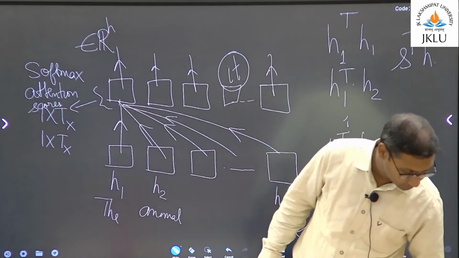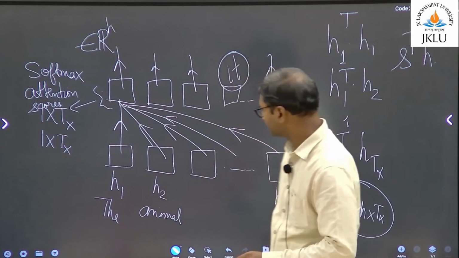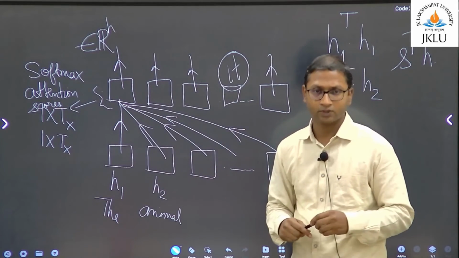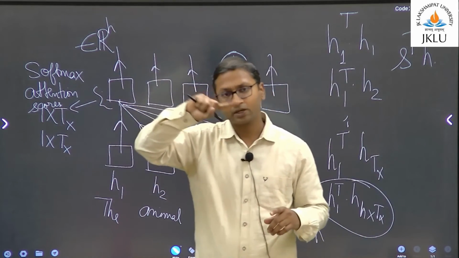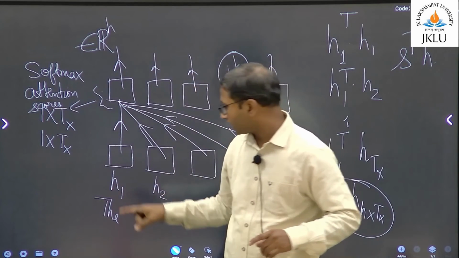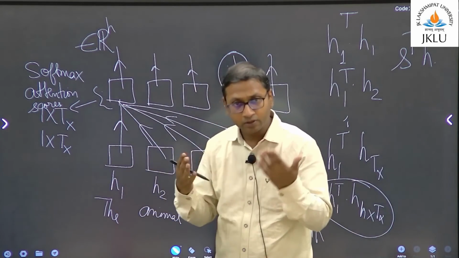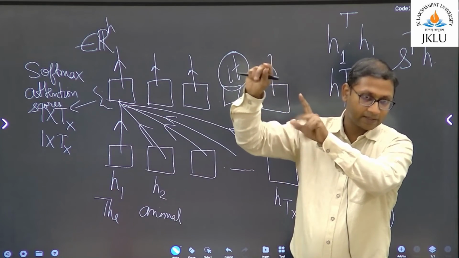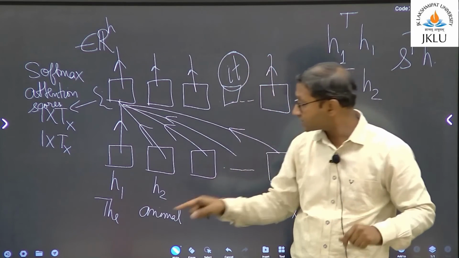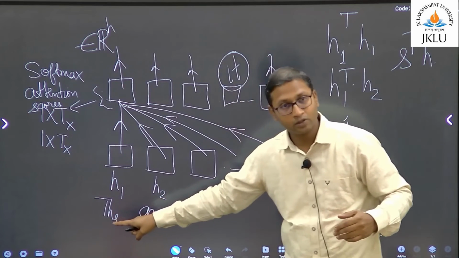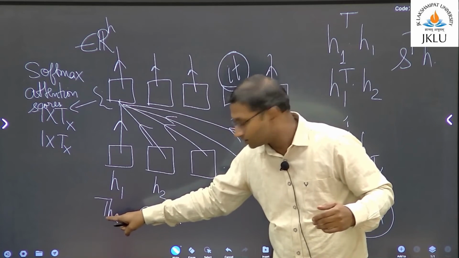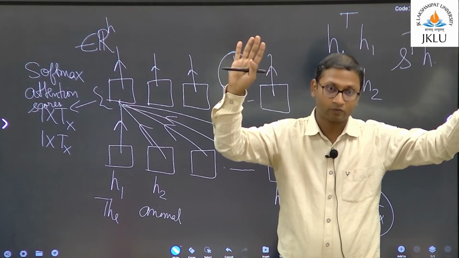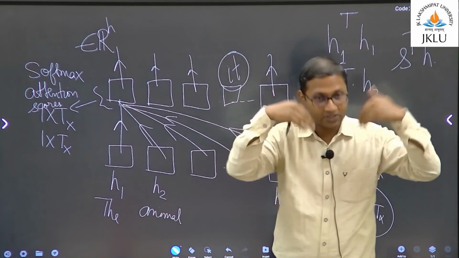H is 100 cross 1 usually in RNN. So H is that same guy which was 100 cross 1. Now you have actually input. So H is that hidden layer thing, 100 cross 1. But still when you begin, you will feed the word embeddings, which was 300 cross 1.